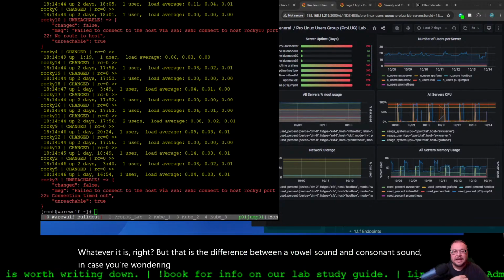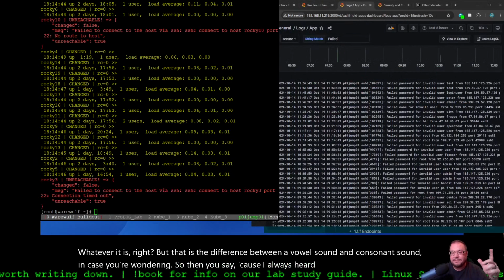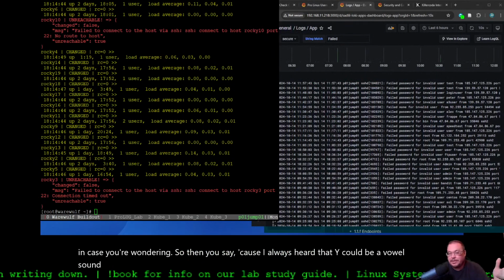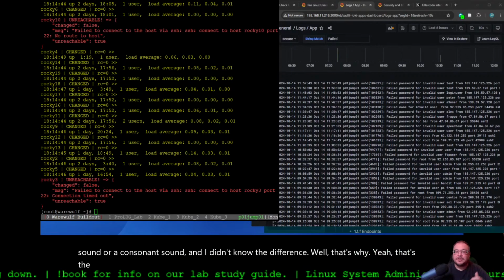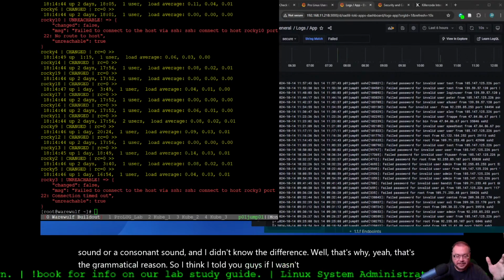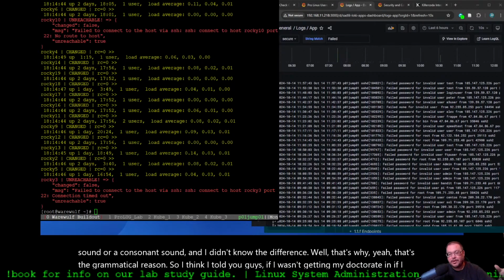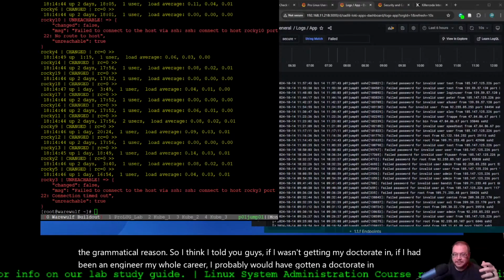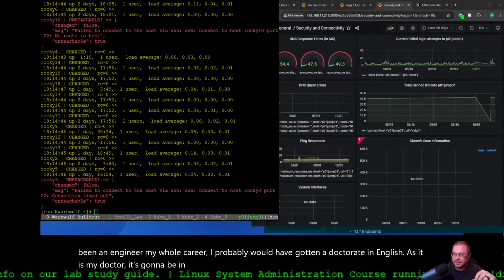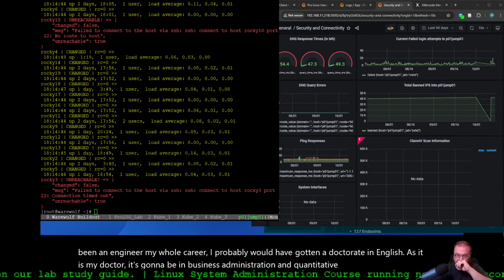So then you say, I always heard that Y could be a vowel sound or a consonant sound, and I didn't know the difference. Well, that's the grammatical reason. I think I told you guys, if I had been an engineer my whole career, I probably would have gotten a doctorate in English. As it is, my doctorate's going to be in business administration and quantitative analytics. But that's neither here nor there.